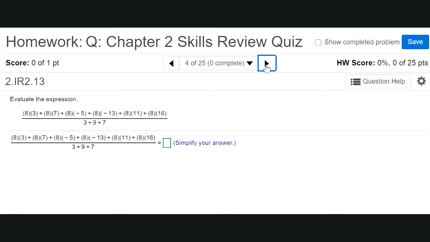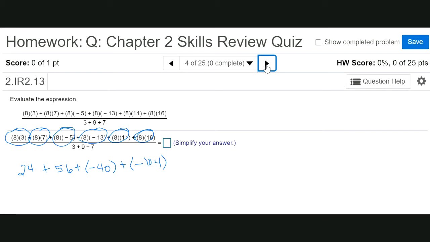I know this one looks pretty complicated, but what you're going to do is all of these multiplications here. So that would be 24 plus 56 plus negative 40. And you can see why we worked on those double signs yesterday. Plus 8 times 13, that's going to be negative 104.